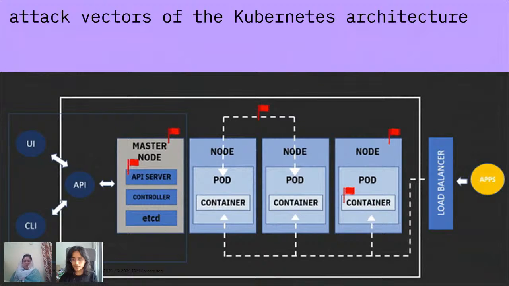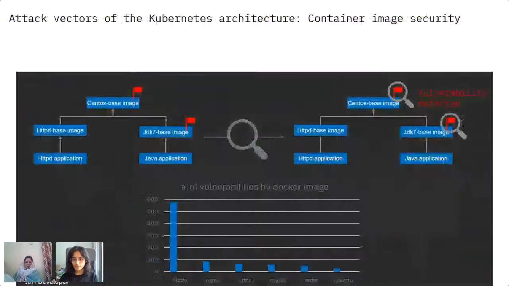So let's, without further ado, talk about container image security. Just like most developers, when you need to adopt practices of secure coding for application security, you also need to ensure the security of the image layers built underneath the application.